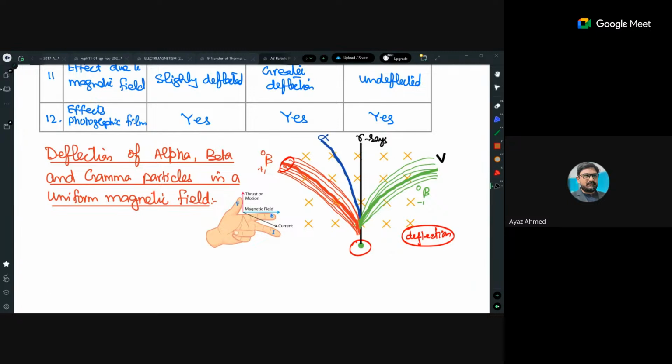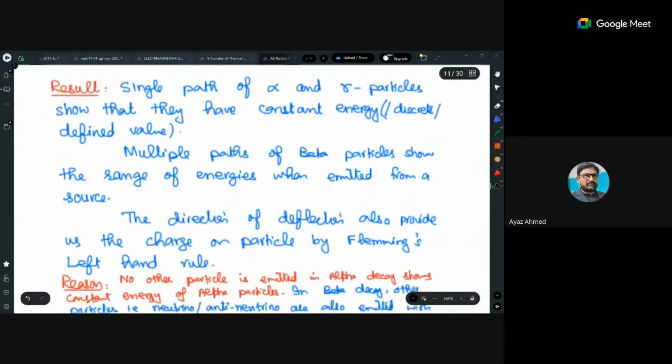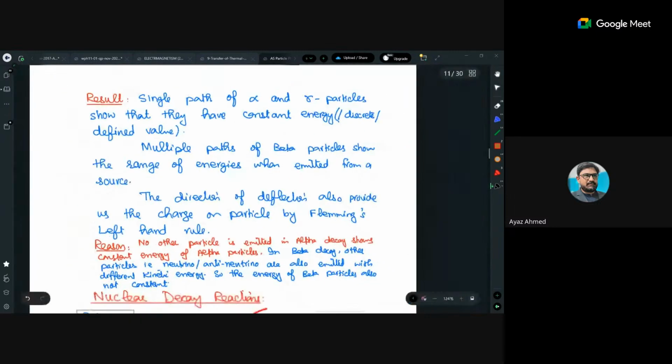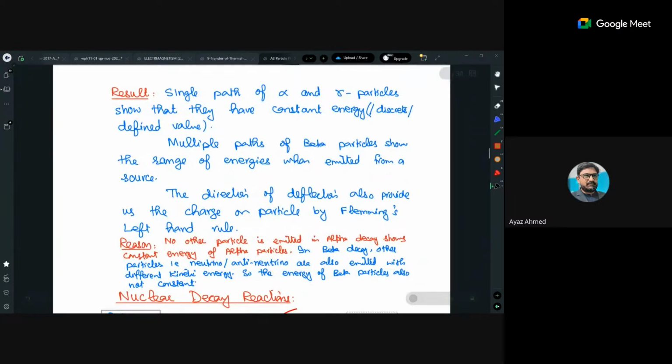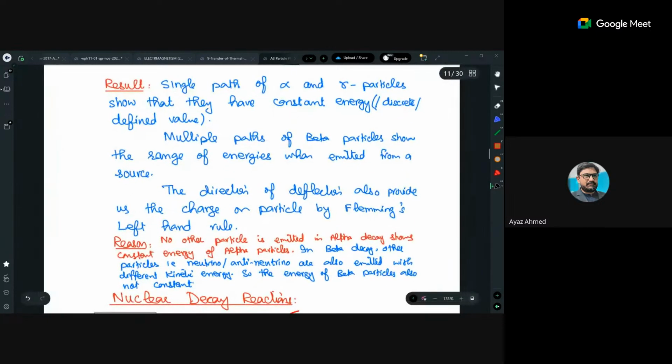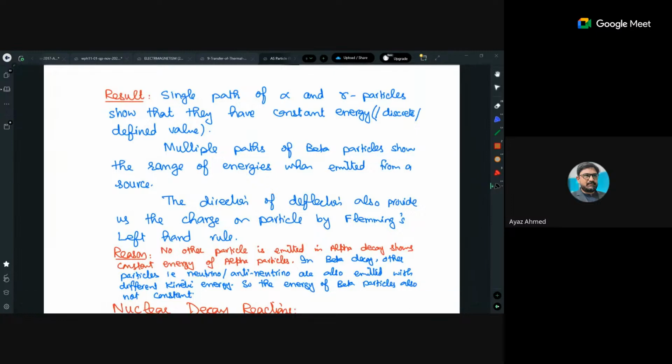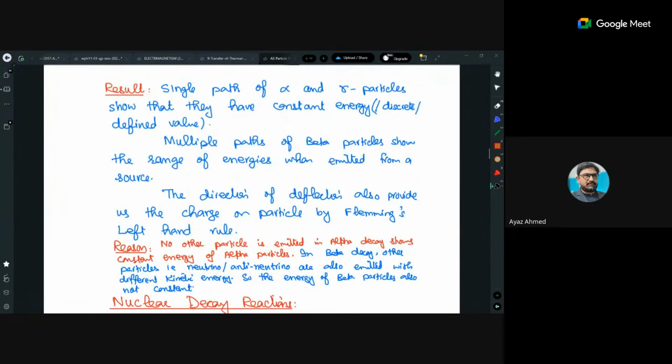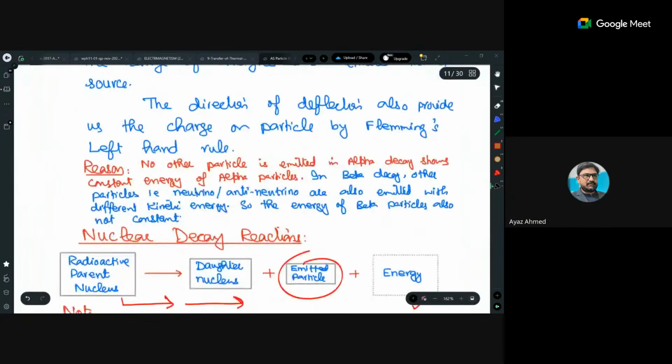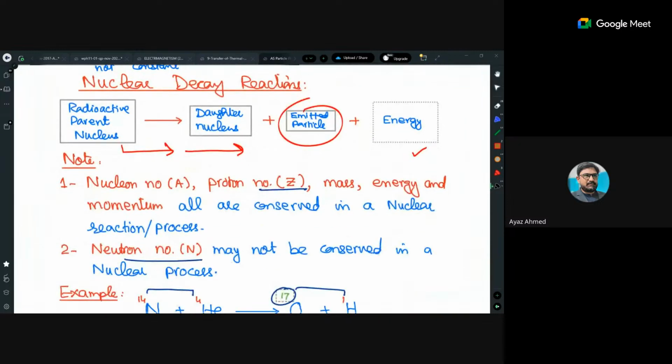So we just say that gamma particles have no deflection and beta has a lot of deflection, but we take an average deflection. I have discussed everything over here, the reason why we don't have a single path. And yes, this is all clear to you. This is the topic we had to discuss today.